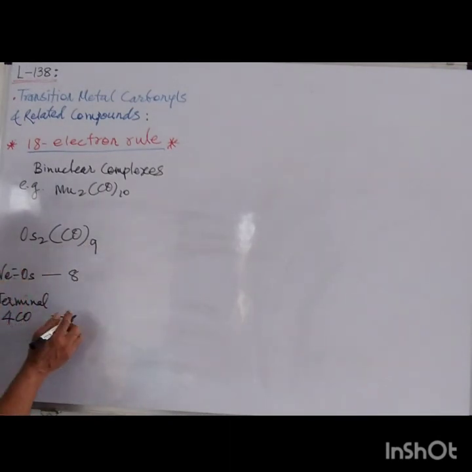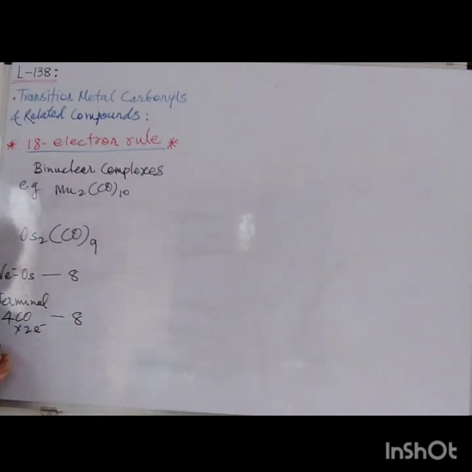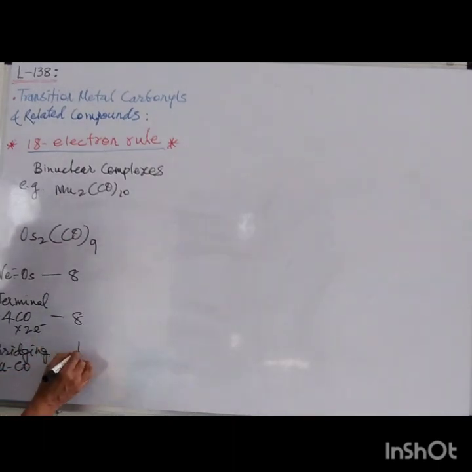So these 4 carbonyl groups will add 2 electrons each, that is 8 electrons, and the bridging carbon monoxide, that is mu, contributes 1 electron.